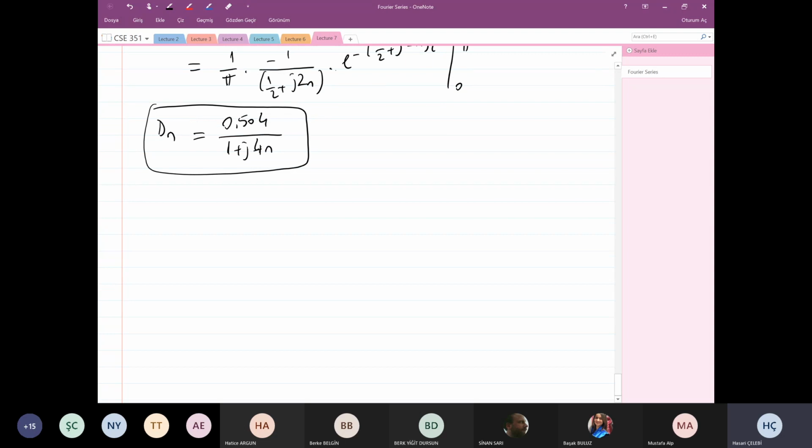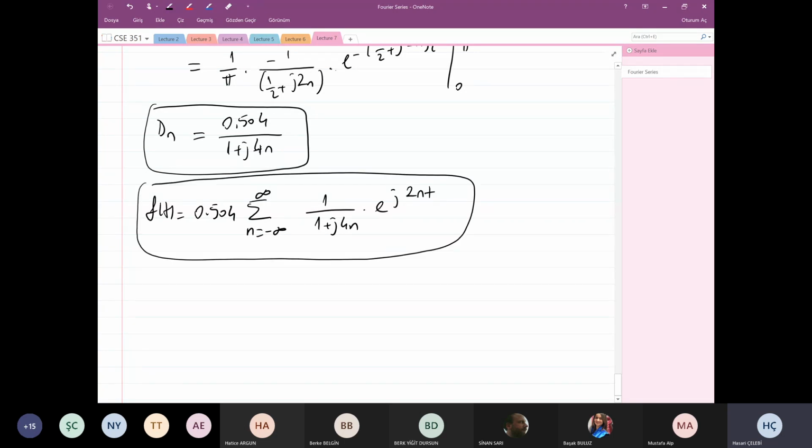So let's plug back into the original signal equation f of t. If you put it back, it's going to be 0.504, sum from negative infinity to infinity, 1 over 1 plus j4n times exponential j2nt. So this is my exponential Fourier series.